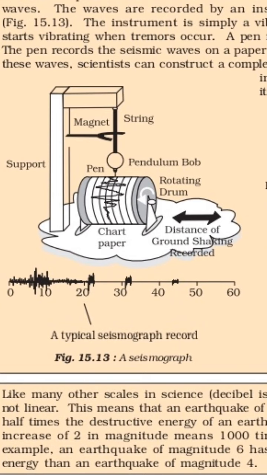On the chart paper, when tremors occur on the earth, this vibrating rod or pendulum will vibrate, and this pen records seismic waves on the paper which moves under it. By studying these waves, scientists can construct the complete map of an earthquake as shown in figure 15.14, and they can also estimate the power to cause destruction.